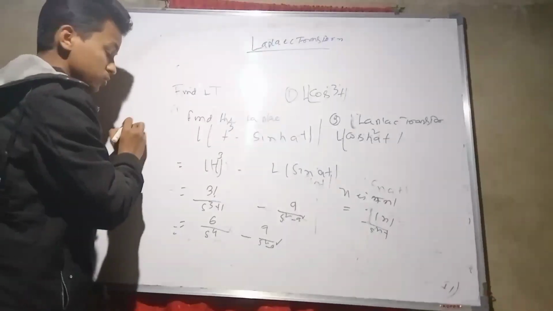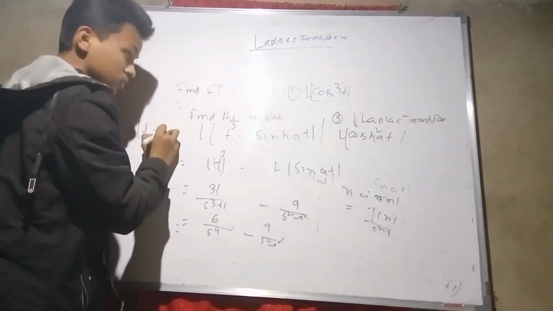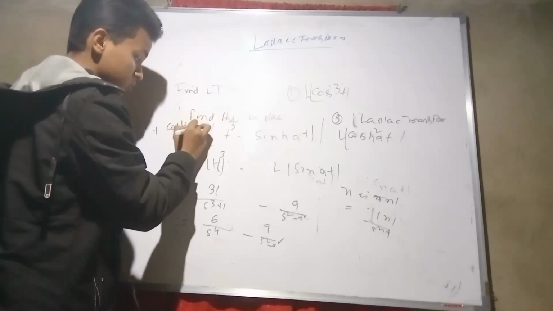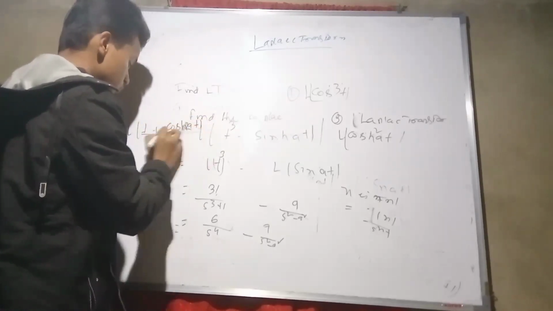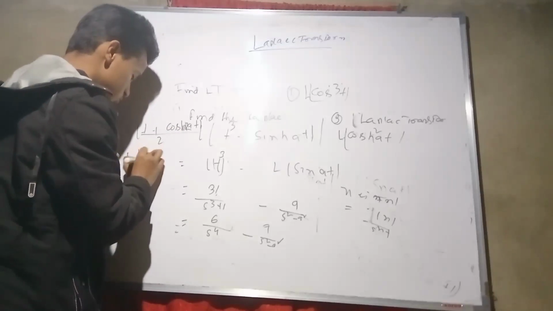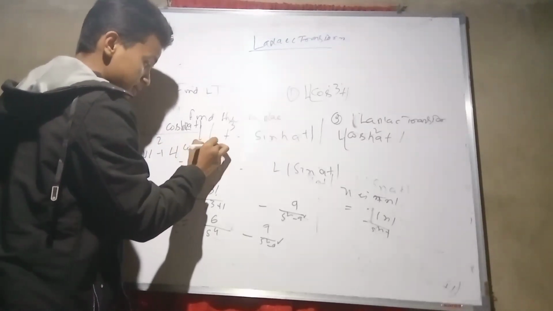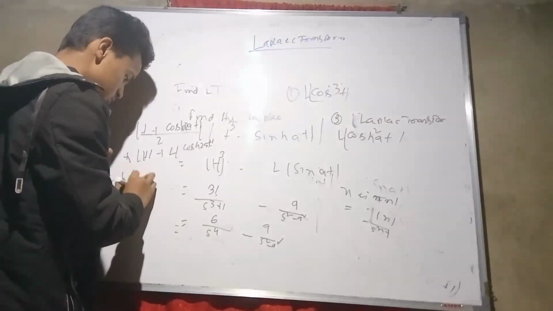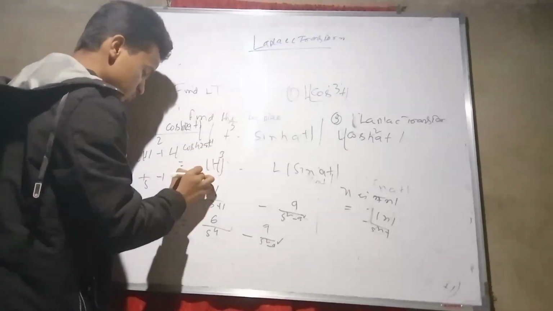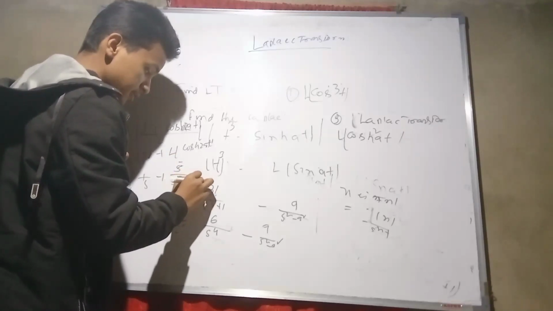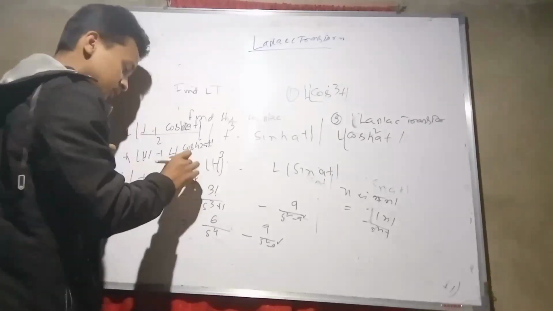We use the formula cos hyperbolic square at equals 1 plus cos hyperbolic 2at upon 2. That gives us 1 by 2 of the Laplace transform of 1 plus the Laplace transform of cos hyperbolic 2at. So that gives us 1 by s plus s by s square minus 4a square, since cos hyperbolic at is nothing but s by s square minus a square.